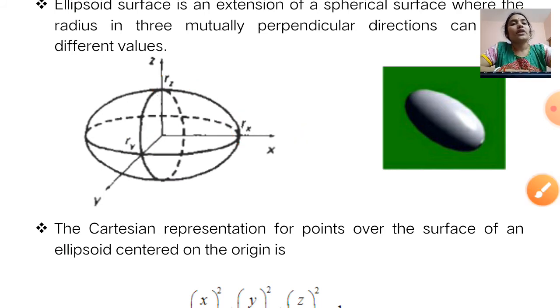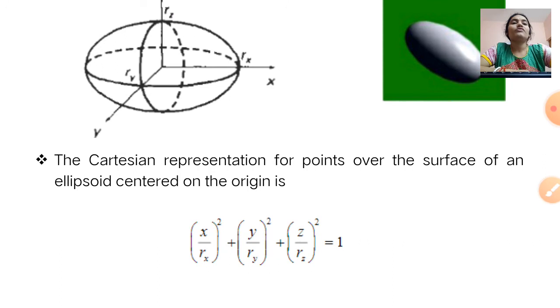The Cartesian representation for a point over the surface of an ellipsoid centered on the origin is (x by rx) whole squared plus (y by ry) whole squared plus (z by rz) whole squared equals 1. This is the ellipsoid's Cartesian representation equation.